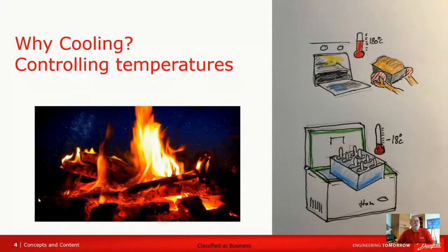So why cooling in the first place? Well, we humans like to be in control of things. One of the things that we like to control is temperature, and it's pretty easy to heat up things. You just light it and eventually you get hot. But cooling is a different matter. It's a bit more tricky.